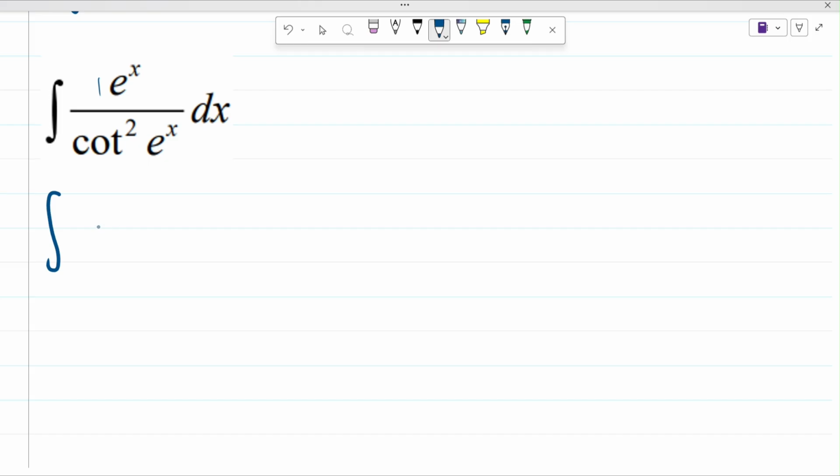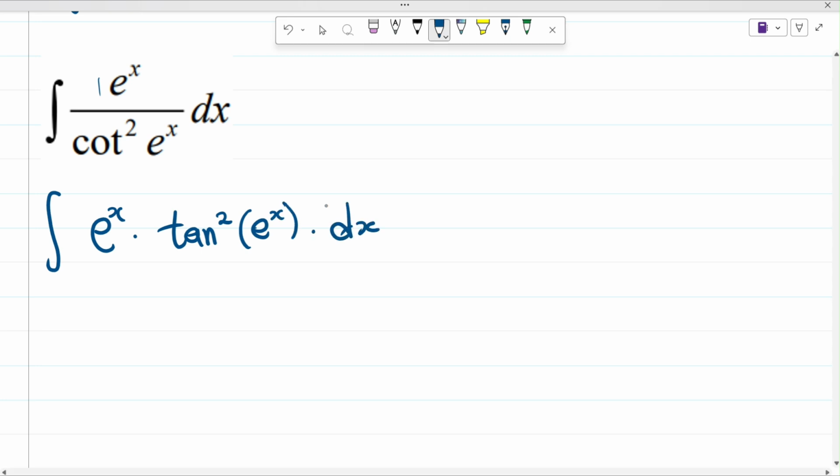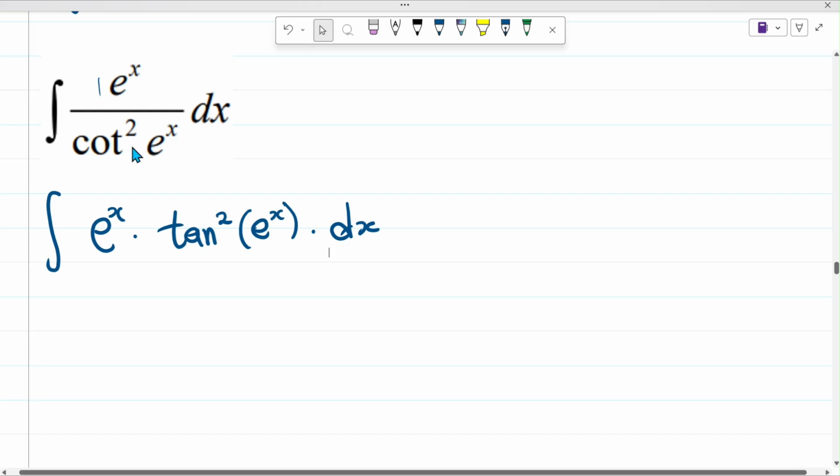I'm changing it into its reciprocal. So this is going to be e to the power x multiplied by tan squared of e to the power x dx. So what did I do there? I changed 1 over cot squared into its reciprocal, which is tan squared.